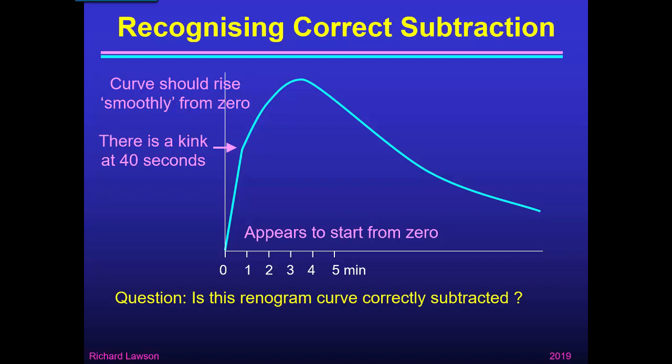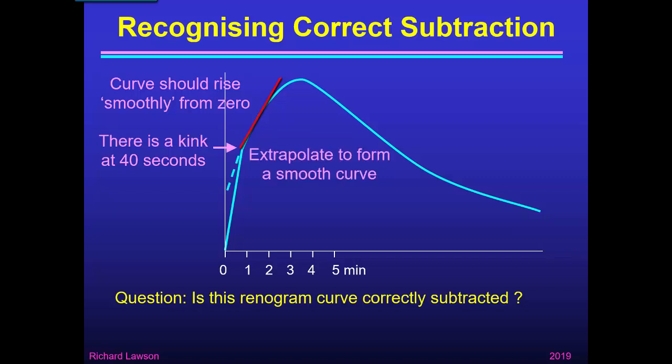So what I would do here is follow the curve, in this case starting at the peak, and follow it backwards. It's smooth until we get to 40 seconds, and then it kinks. So ignore the kink and just follow the smooth curve on and extrapolate to say what it would have been.